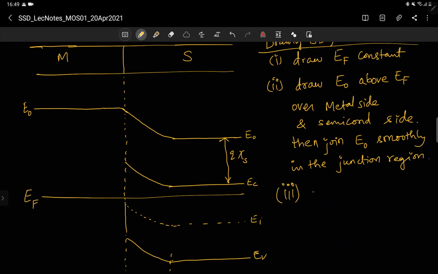Now basically maintain, draw EC. Okay, just a second. This one is the third point.